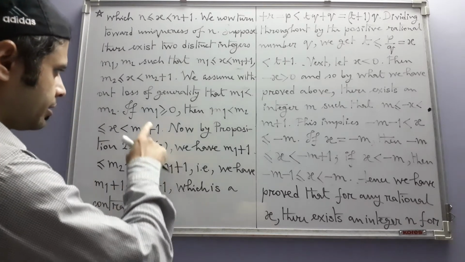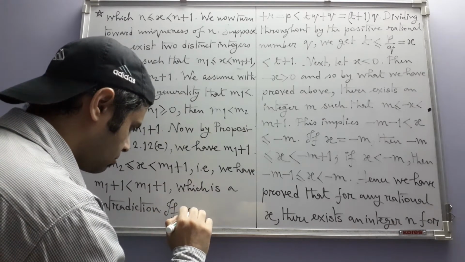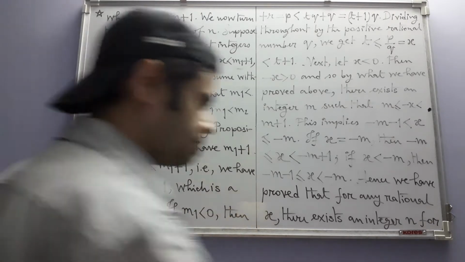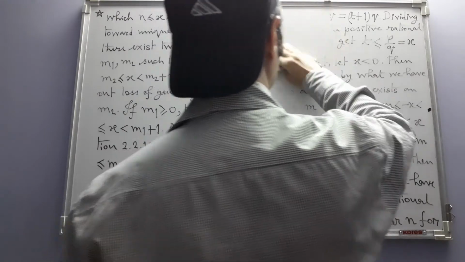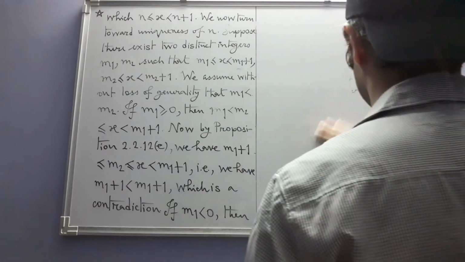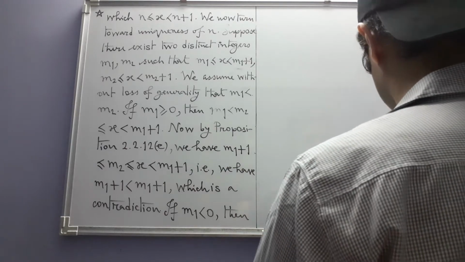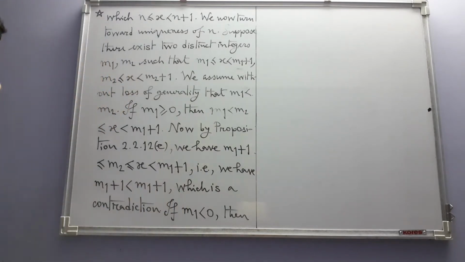Okay, now we look at the other case when m1 is negative. Then again we are going to take the help of these inequalities, but now we are going to create positive integers from this negative m1.